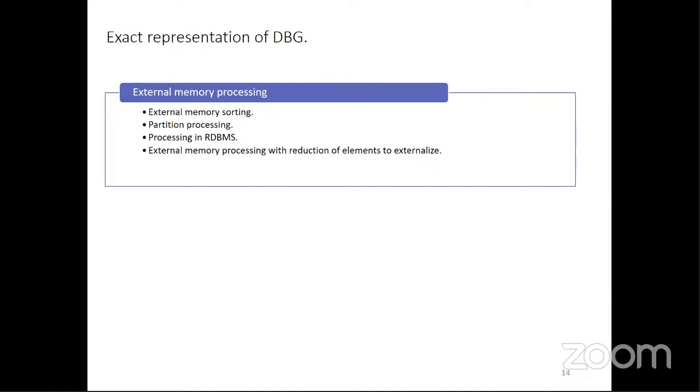On the side of an exact representation of the de Bruijn graph, we have some approaches like external memory sorting, partition processing of the de Bruijn graph, processing in a relational database management system, and a final approach focused on external memory processing with the reduction of elements to externalize.